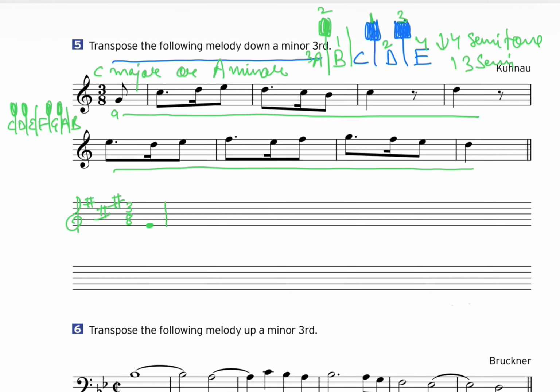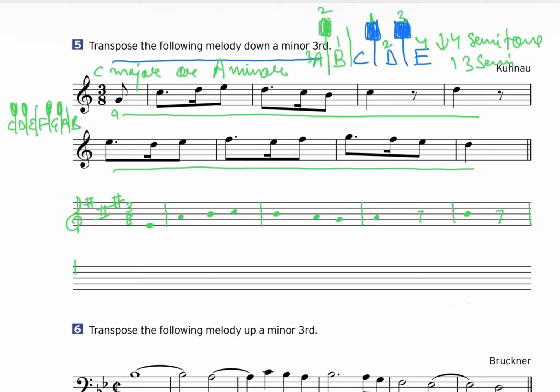Let's make another one. From C to A, from D to B, E to C, close. Then we go to B, go to A, we go to G, close, go to A, rest, close, we go to B, rest, close.